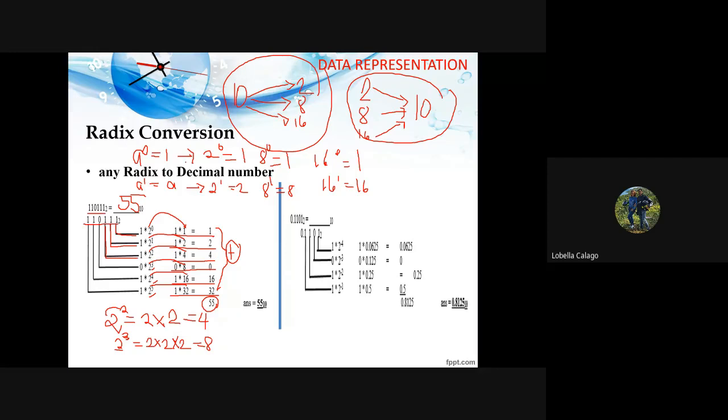For example, nandito na siya. We make a line, no? The same lang din. Copy the value. I-multiply mo kasi since given ang 2, multiply it to 2. Then, dito sa baba, dito kayo magsa-start ng negative 1. So, we have negative 1 exponent, negative 2, negative 3, and negative 4.